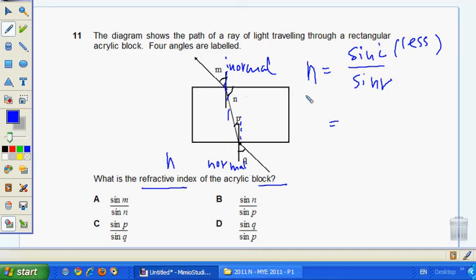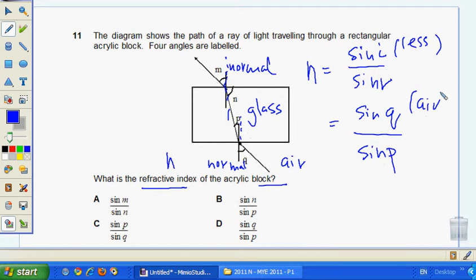So in this case, air is less dense than glass, so you must always take the angle in air. The angle in air is Q, so it is sine Q over sine P, where the angle in glass is P. Please take note that the less dense medium is most of the time air, and the angle in the denser medium is glass.